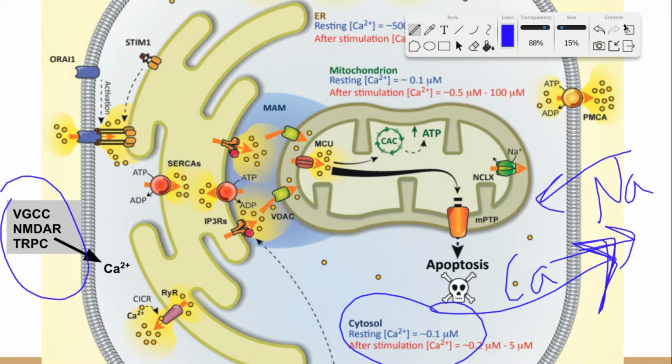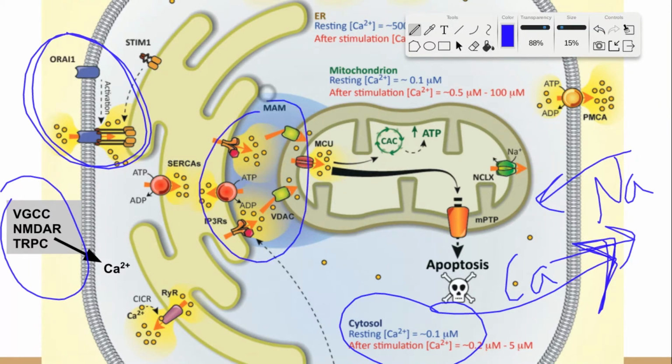ligand-gated ion channels like NMDAR, or voltage-gated calcium channels, VGCCs, or directly into the endoplasmic reticulum through these ORAI1 and STIM1 interactions. Since the ER is hoarding calcium, it's probably not surprising to learn that the ER can regulate the release of calcium as well.